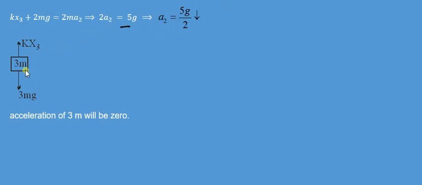And for block 3m, the downward gravitational force is 3mg and upward spring force is kx3.